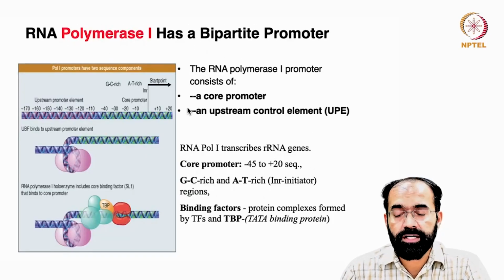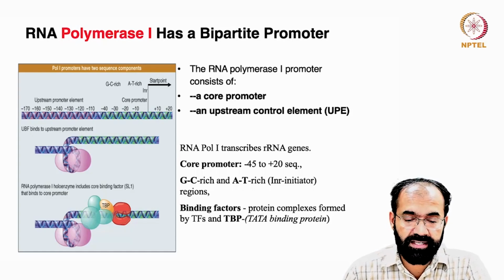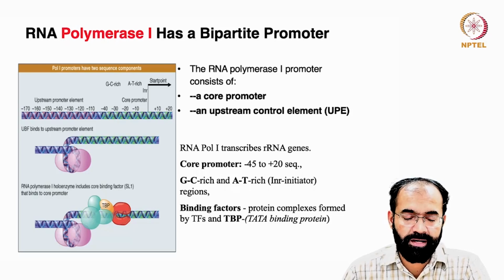Now we have seen RNA polymerase 2, so we can look at whether there is any unique feature in RNA polymerase 1. This is called a bipartite promoter.